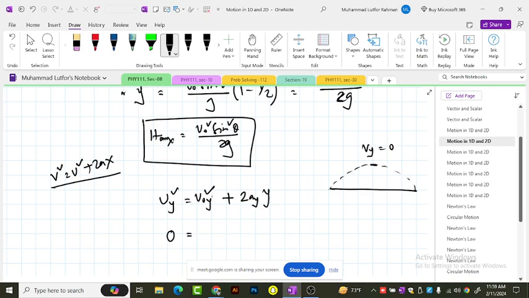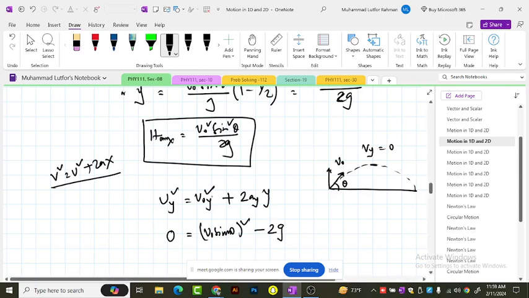V naught y is the initial velocity in the y direction, which is this component. If I throw it with initial velocity v naught making an angle theta, then v naught y should be v naught sine theta, squared, minus 2 into ay, which would be g, into the y, right?